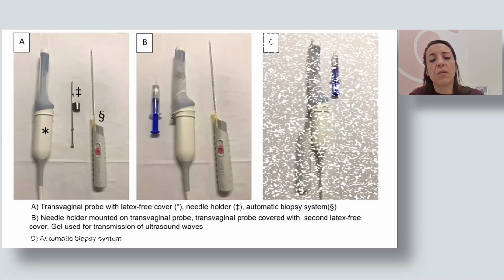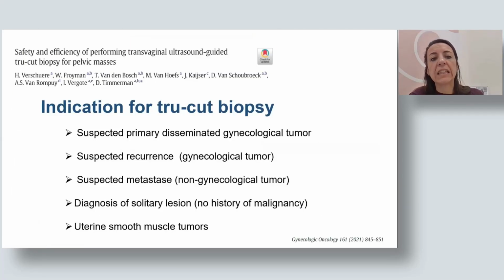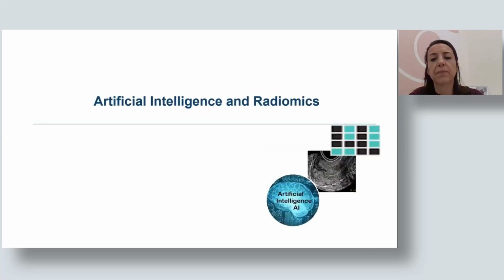So it's quite easy to perform a transvaginal biopsy. We just need the transvaginal probe, the needle, and the biopsy system. And the presence of recurrence is one of the indications for true-cut biopsy.